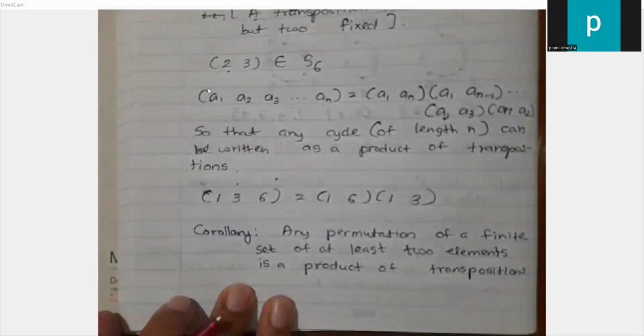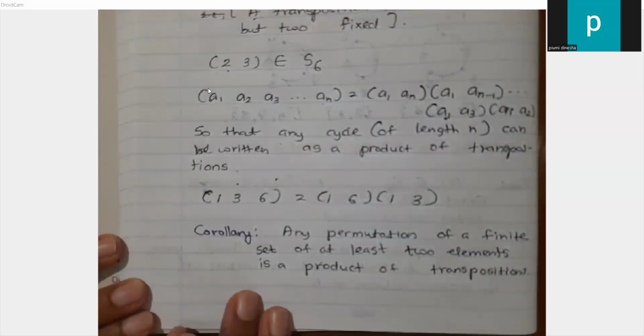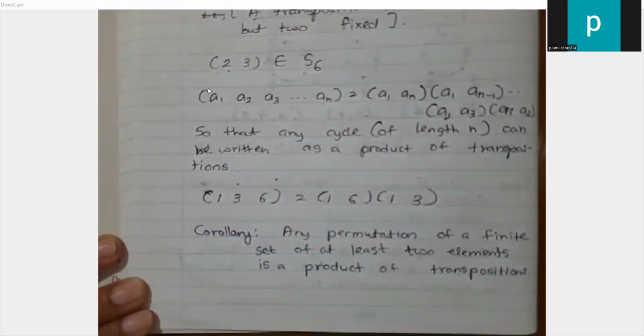Any permutation of a finite set with at least two elements is a product of transpositions. How do we take this product? Using this rule over here, using this equation over here.